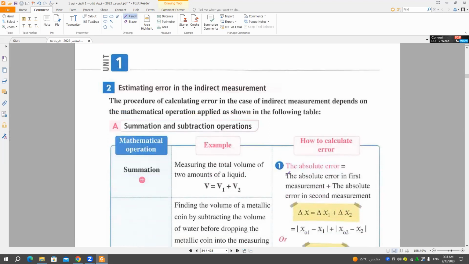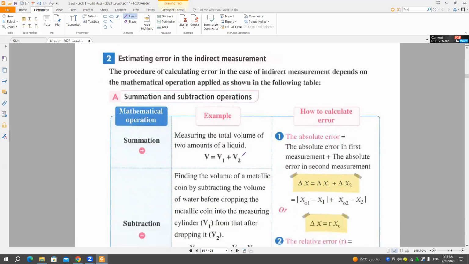How do we get the relative error and the absolute error in a measurement process? If you have a summation or subtraction process, you calculate the absolute error first by an algebraic sum: the absolute error in the first quantity plus the absolute error in the second quantity.